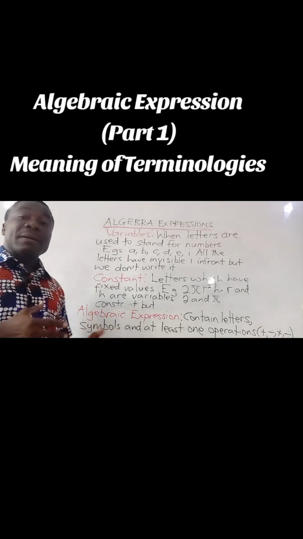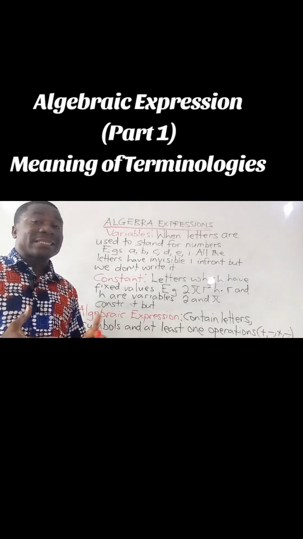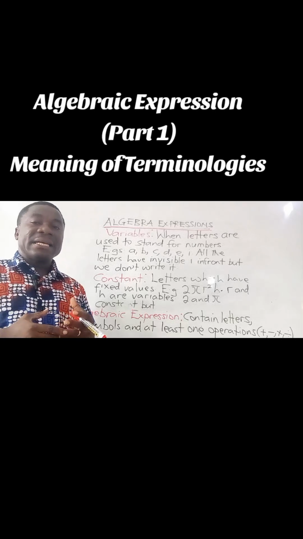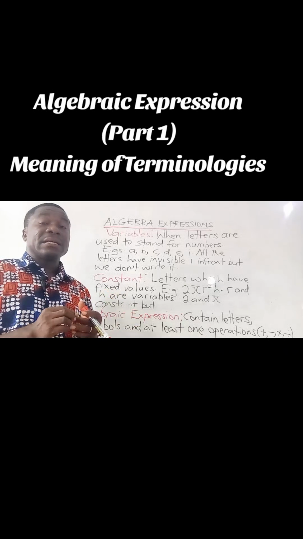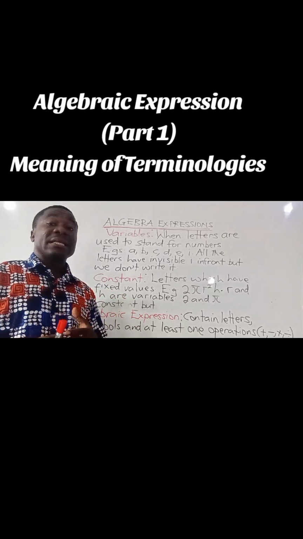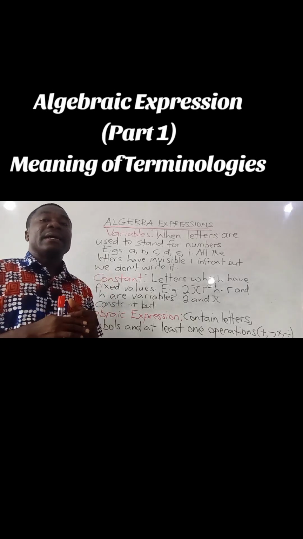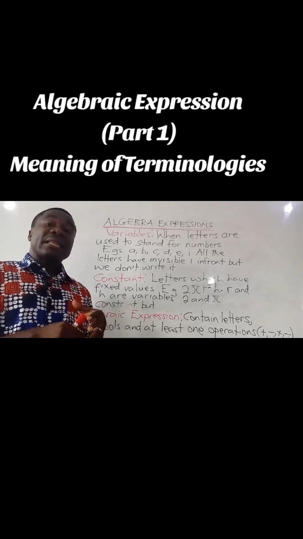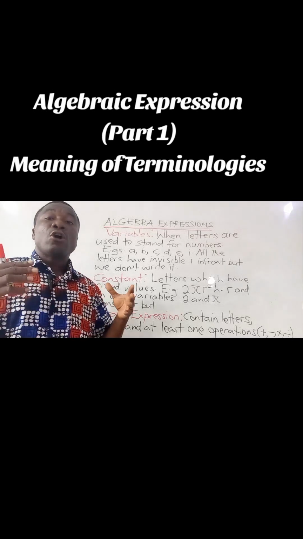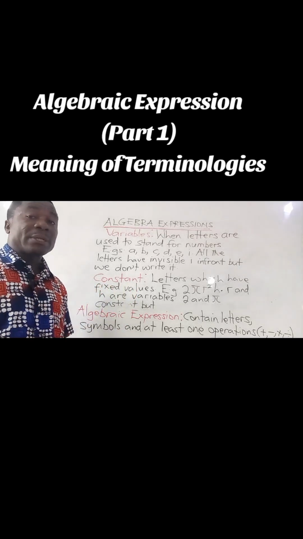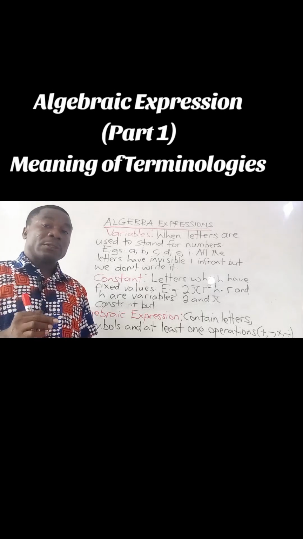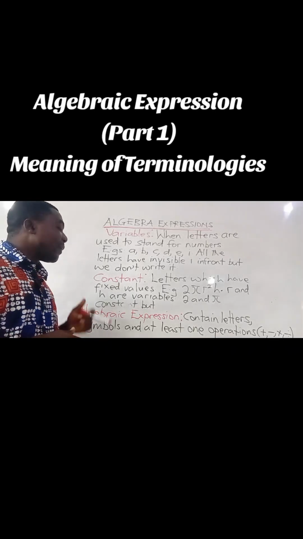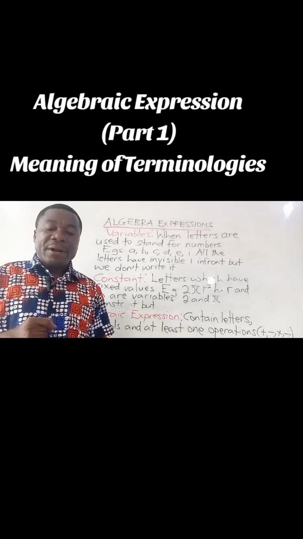When I mean the mathematical operation, I mean whether it is plus, subtraction, difference, that is division, or multiplication. You should have at least one of these. When you have letters combined with symbols and at least one of the operations, it is called algebraic expression. As I said, nobody will ask you what is algebraic expression, but you have to understand as a learner. Now that we know that, let's move on to another very important thing.